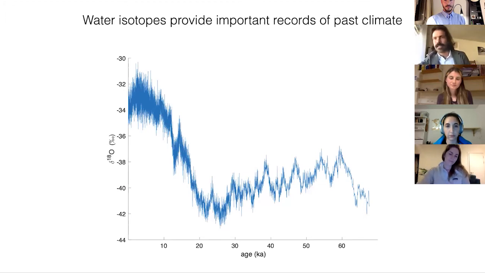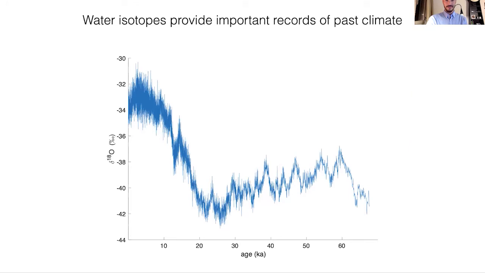So this is the delta 18O of layers of ice in an ice core from West Antarctica. On the left side is the delta 18O today, and on the right side is the delta 18O 70,000 years ago. Water isotopes are just a measure of the chemistry of the water in the ice, but we can use it as a proxy to understand how the climate changed in the past.